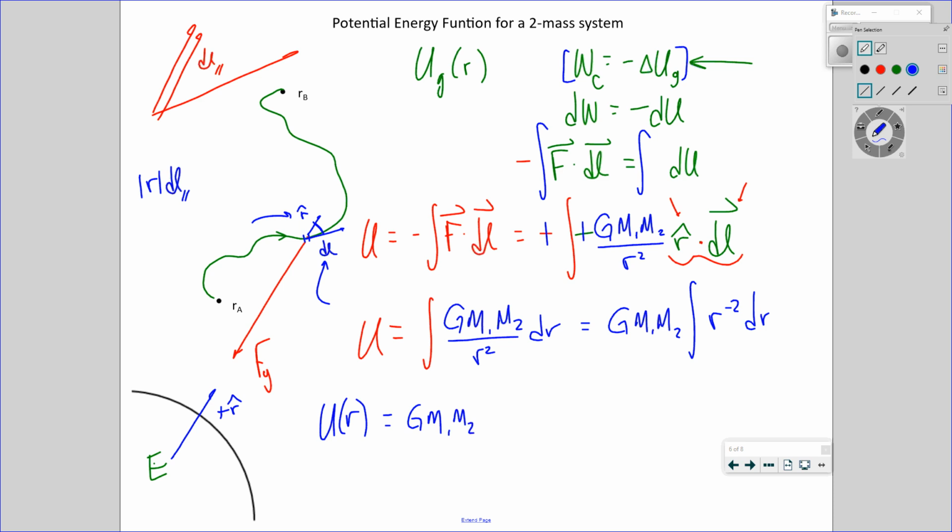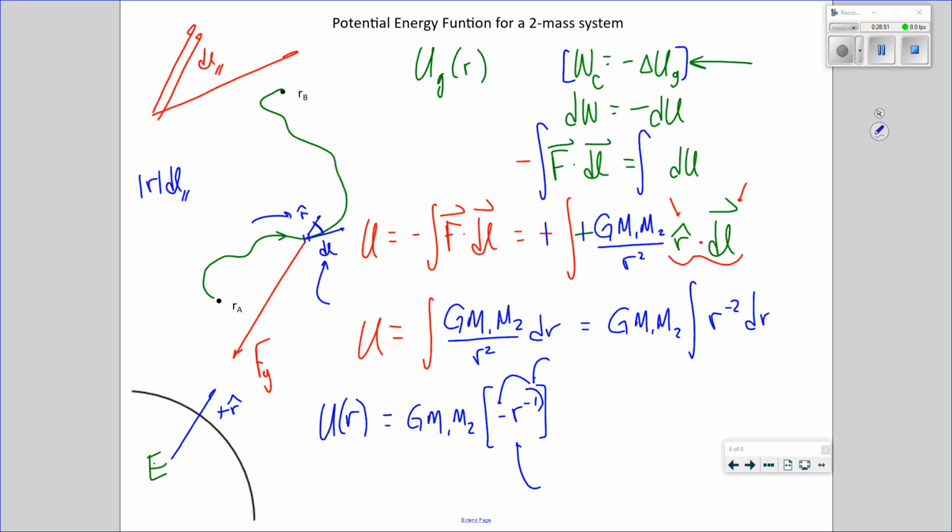Now, what I haven't done, I'll just leave it the indefinite integral. So let's see, integral r to the negative 2 dr is negative r to the negative 1. Remember, if you were to differentiate this, you do negative 1 times that and decrease this by 1 to get to negative 2. Yep, that's the correct integral.